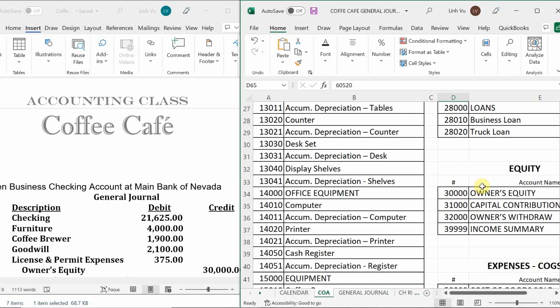And of course, I bought furniture, right? I acquired furniture. I had to spend money to get it, but that's not the question I'm asking, because I'm already less than $30,000. So I acquired furniture for $4,000. That's an increase in my assets. That's a debit. I also purchased equipment, which is the brewer.